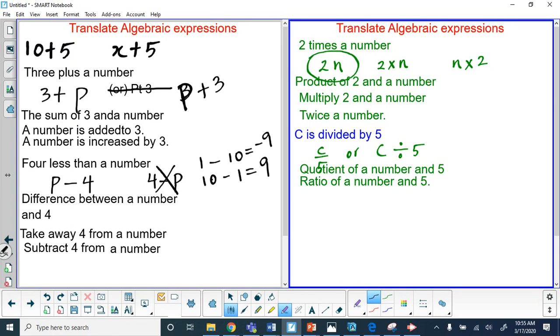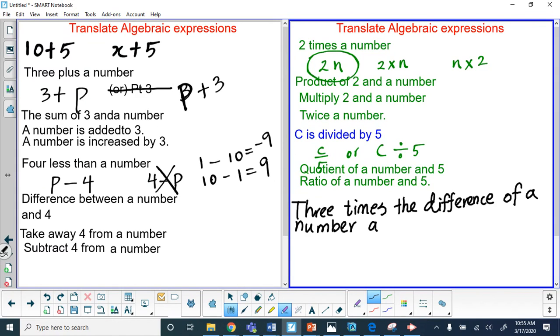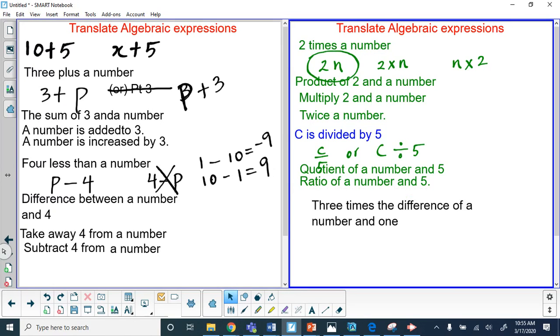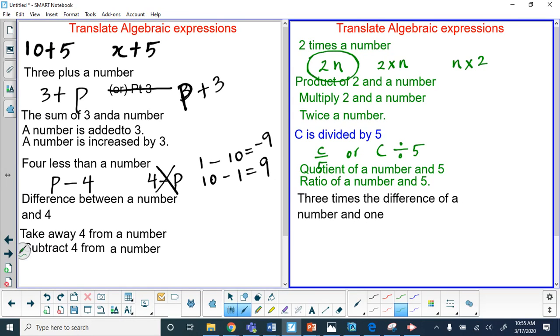What if you have 3 times the difference of a number and 1? 3 times the difference of a number and 1 can be translated to 3 parenthesis p subtract 1.